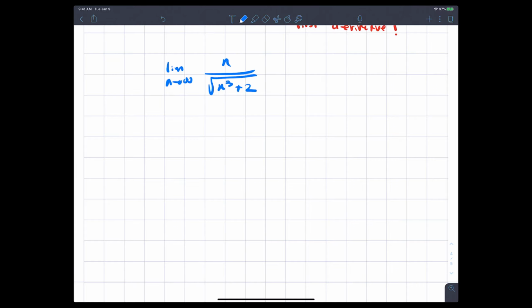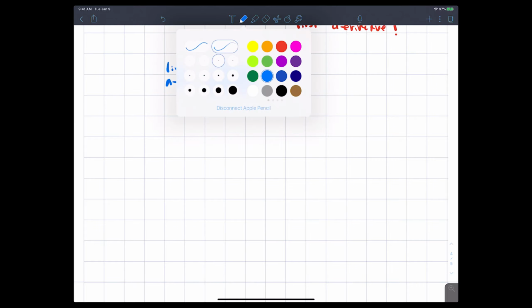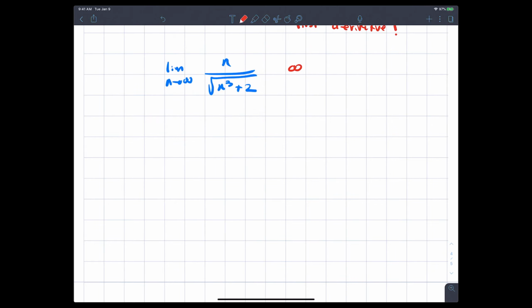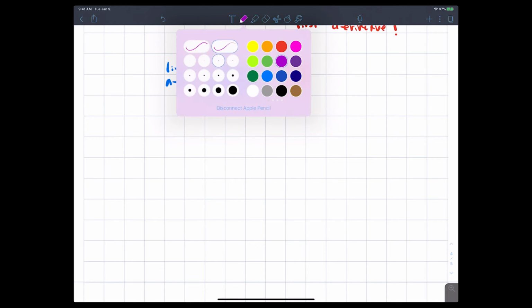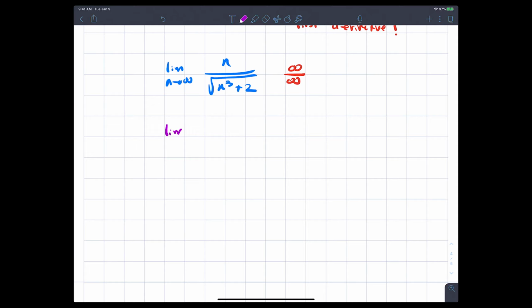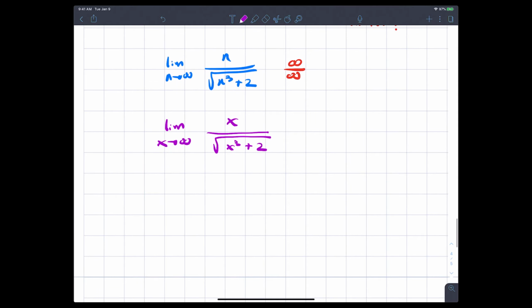Well, let's try calculus 2. I don't know. Let's see something here. Infinity over infinity, right? And you go, oh, okay. Maybe I have to go to calculus and say, what's the limit as x gets big of x over the square root of x cubed plus 2? And that is infinity over infinity.